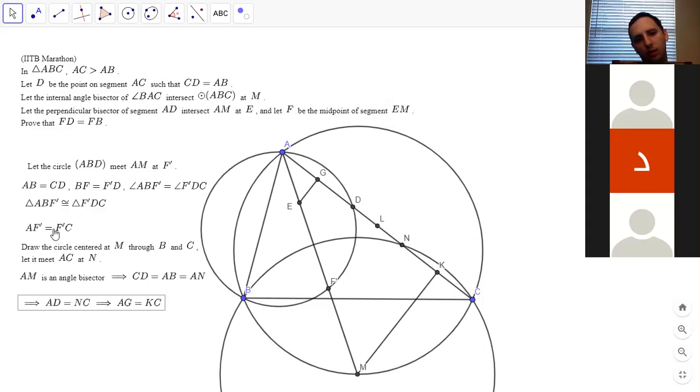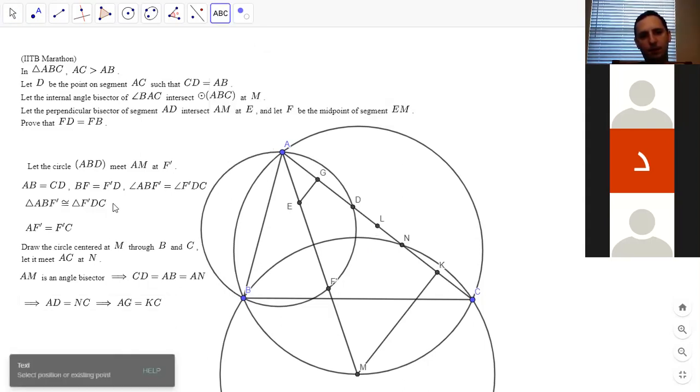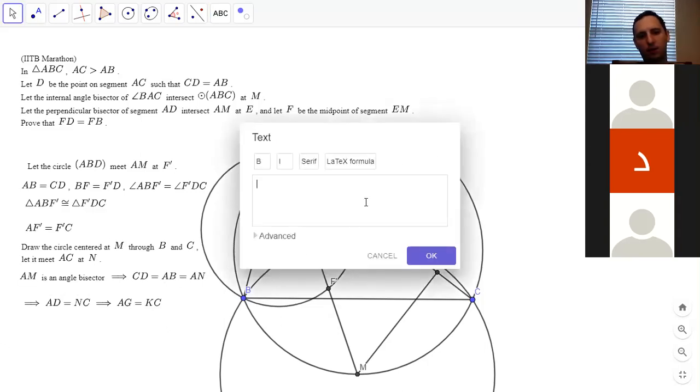So L will be midpoint of GK, right? Yeah, L is the midpoint of GK or AC. If we call L is the midpoint of AC, so L is the midpoint of GK as well. And because FA is equal to F prime A is equal to F prime C, so F prime A will be perpendicular to AC, right? Yeah. So F prime L will be parallel to EG, and parallel to MK, but L is the midpoint of GK, so F prime will be midpoint of EM.